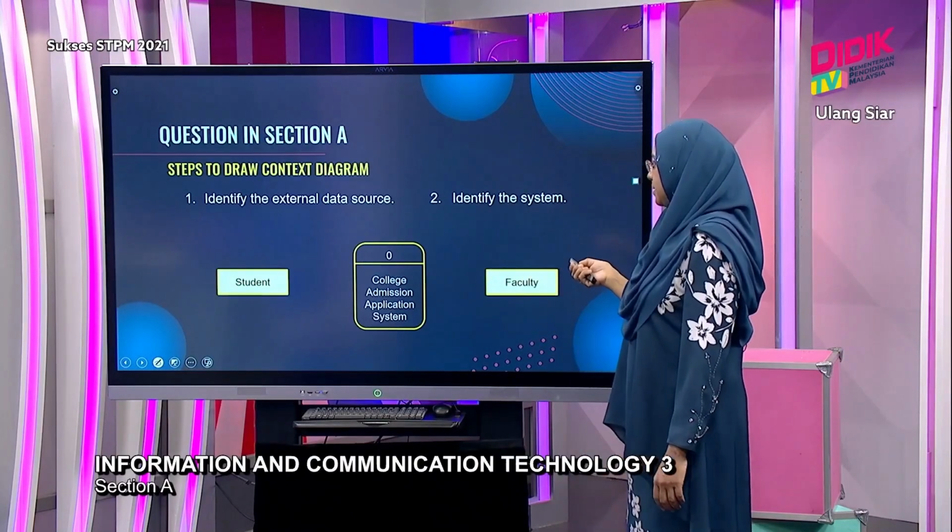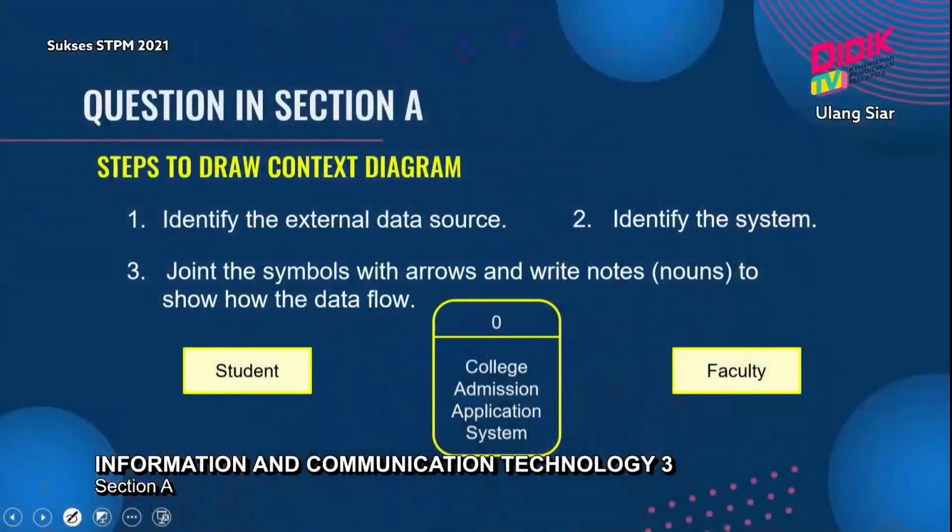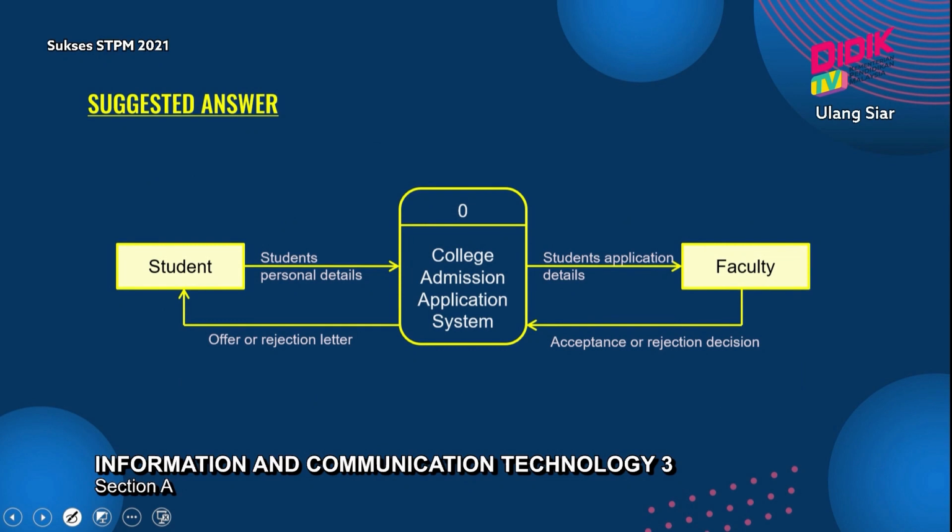Next, join the symbols with arrows and write notes. Make sure your notes are in nouns. Don't write verbs. They must be nouns to show how data flows. This is the suggested answer. I transformed what was given in sentences into this drawing, the context diagram.